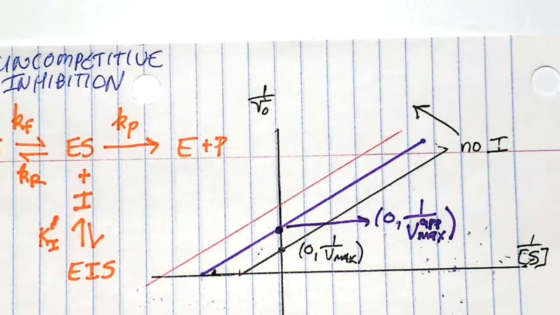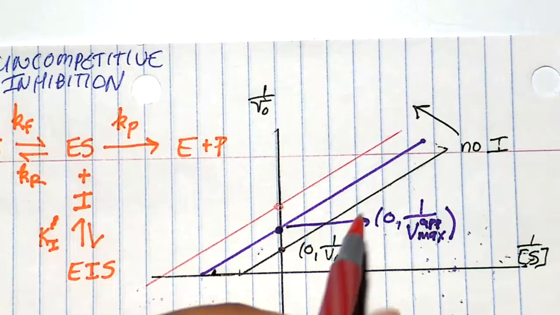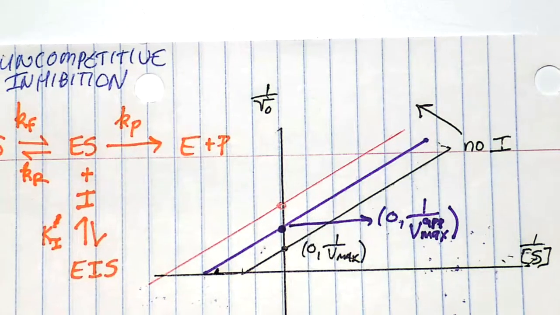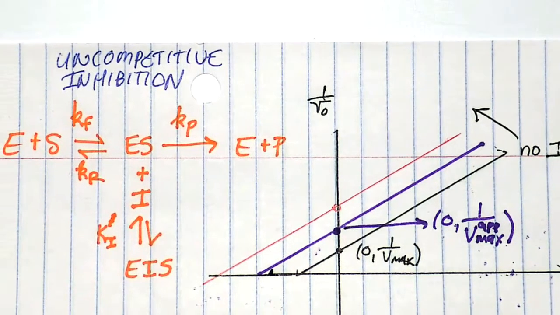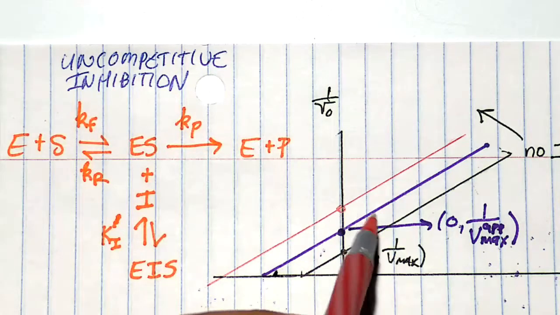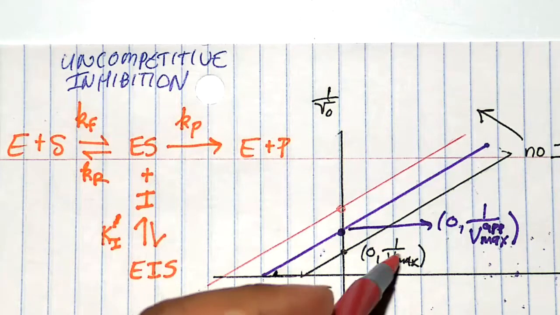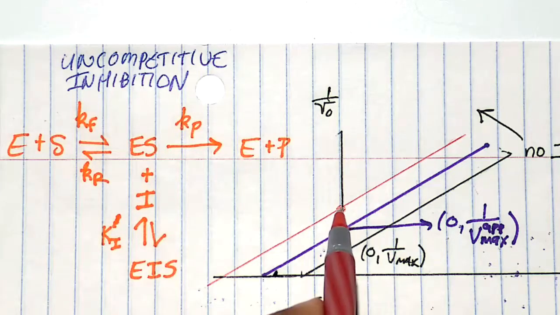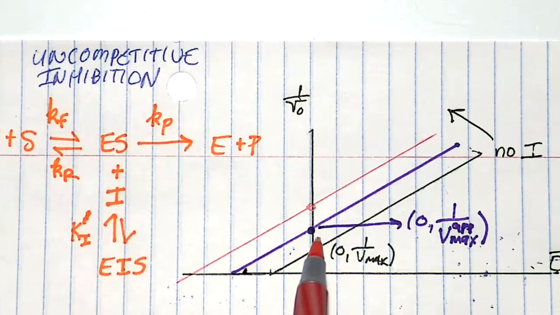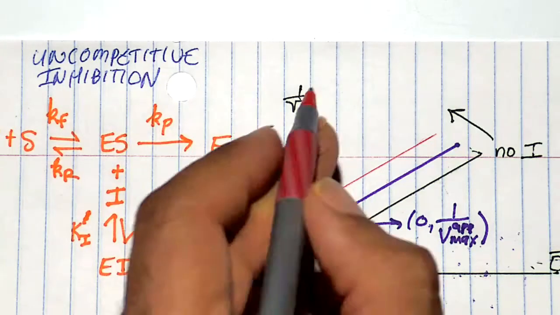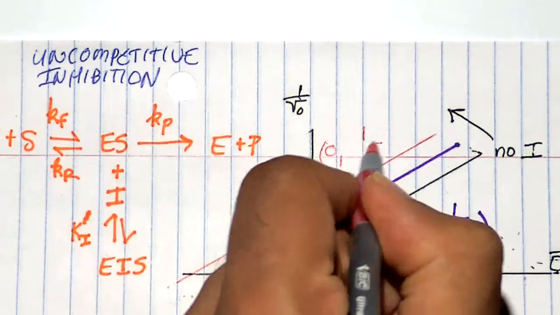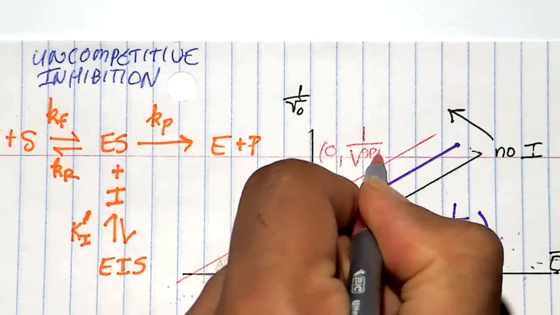And the coordinates for this third line, now it could be the same uncompetitive inhibitor in which you've increased the concentration, or it could be a completely different uncompetitive inhibitor that just is much better. So this red line could be the same, we just ramped up the concentration, or a different uncompetitive inhibitor with different kinetics. But this one will be 0 and also 1 over apparent V sub max.